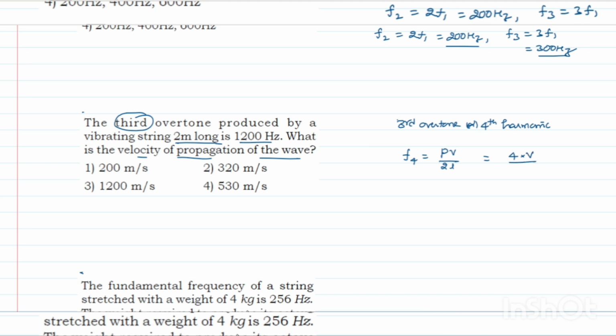We need to calculate v, so v equals f into 2l by n, where l is given as 2 meter and the frequency is already given as 1200 Hz. So 2 2s are 4, and this 4 gets cancelled, so f4 is nothing but v. Since the frequency is given as 1200, therefore the velocity is 1200 meter per second.